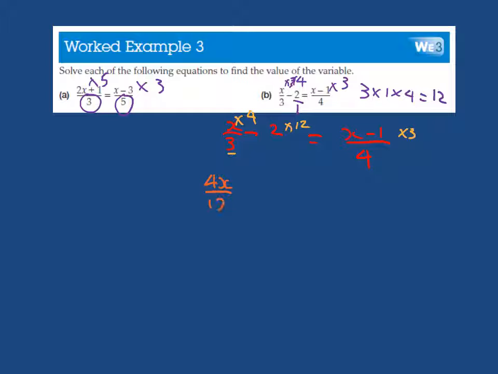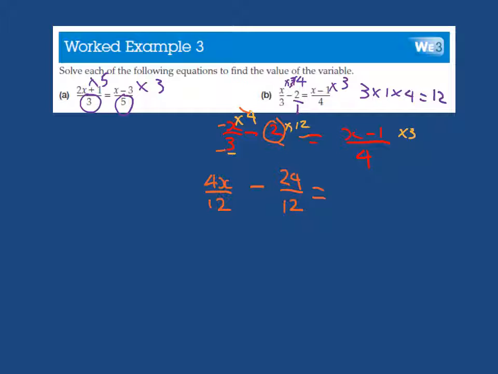I'm going to end up with 4x over 12, because I did x times the 4 and the 3 times the 4, minus. Then 2 times 12 is 24, but 24 divided by 12 is 2.